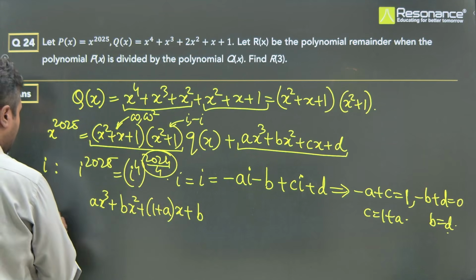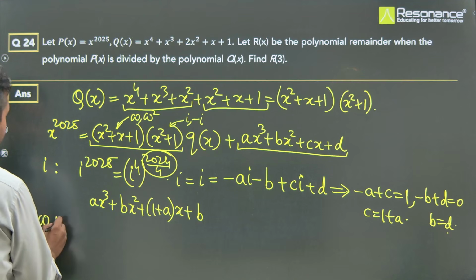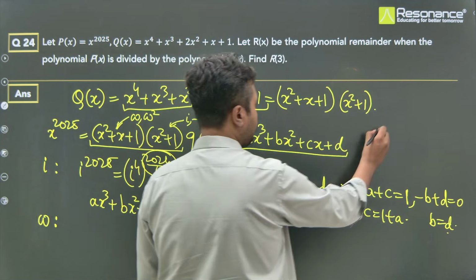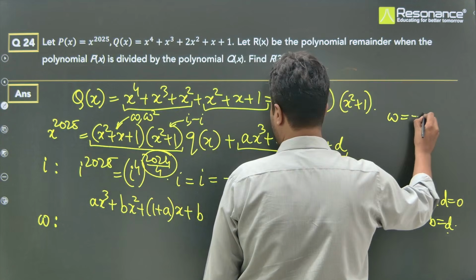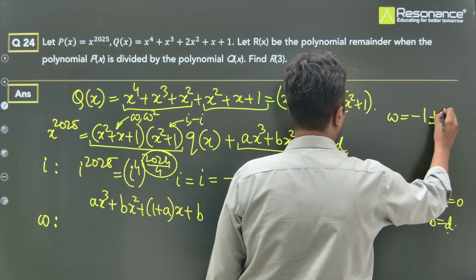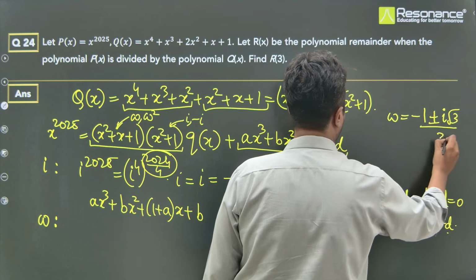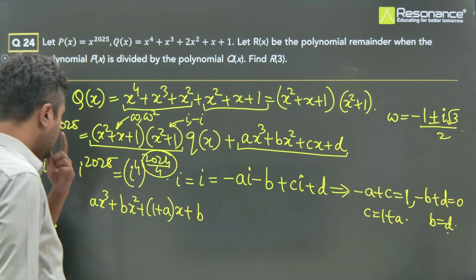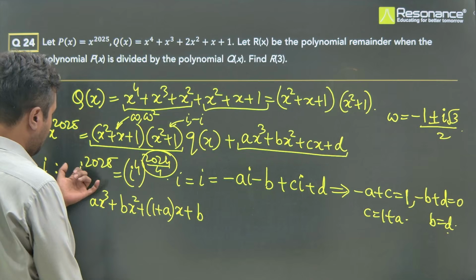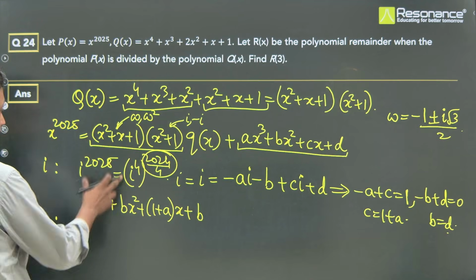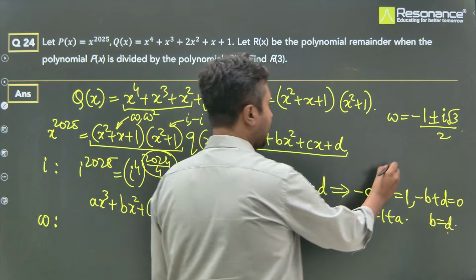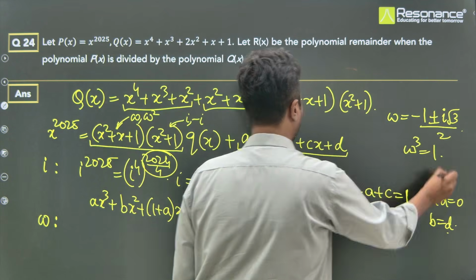Okay, so what do we have? If I plug in omega, well, omega is this number. Omega is minus 1 plus minus i root 3 divided by 2. They are really the roots of this cubic. And by the way, omega cube is equal to 1.